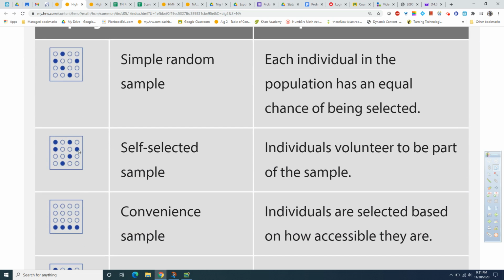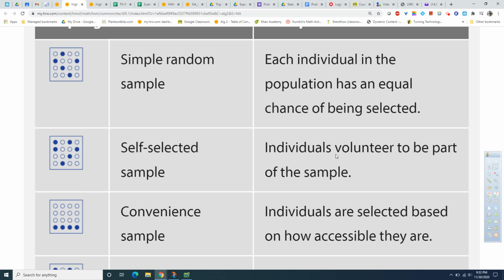Our next little icon here is self-selected. And so you see there's a kind of a cluster here and there's kind of a pattern going along. These are self-selected samples. These are individuals who volunteer to be a part of the sample. This can say, well, that's great. I'm glad you were going to participate. Well, this can introduce bias, just like the Amazon review thing, or a book review, any of those kinds of deals, they can introduce bias.